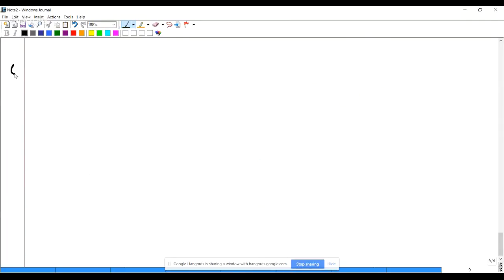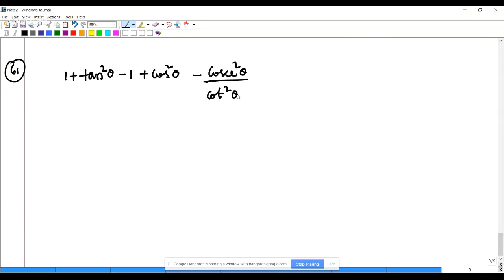Question number 61 says find the value of 1 plus tan square theta minus 1 plus cos square theta minus cosecant square theta by cot square theta plus tan square theta cos square theta.